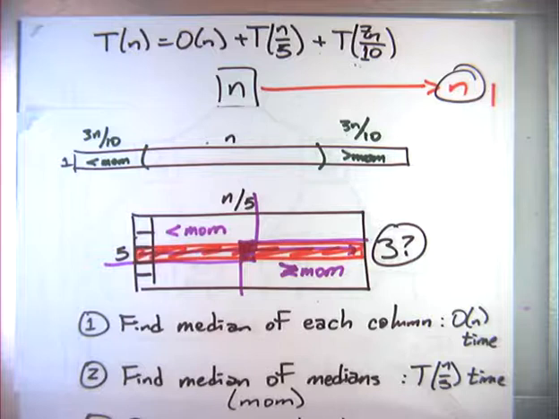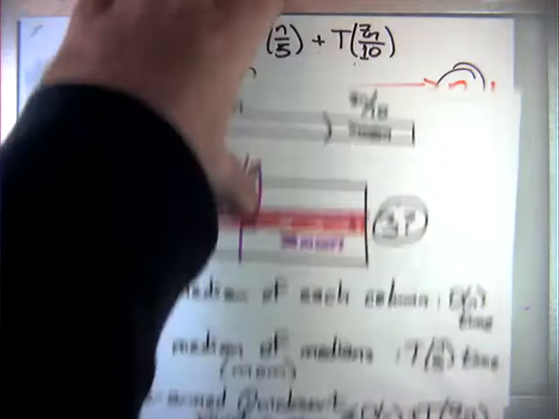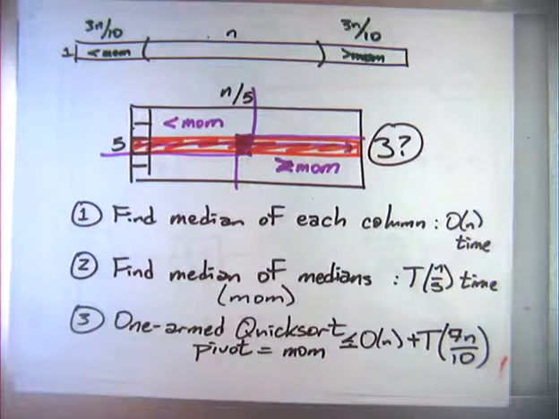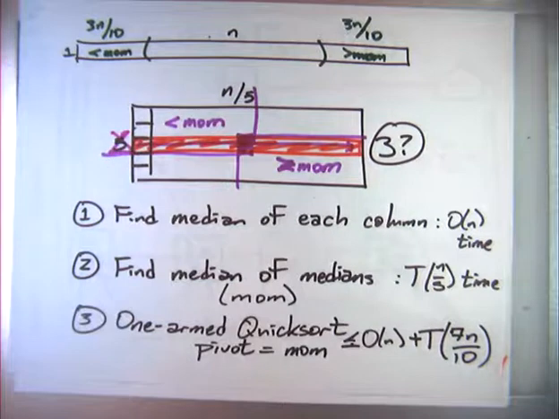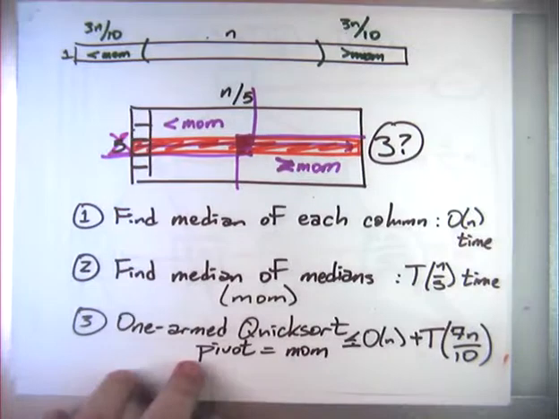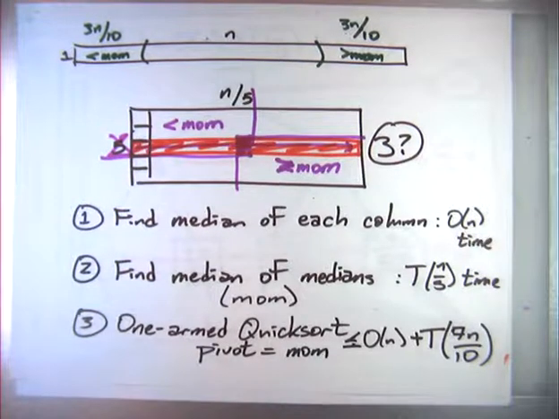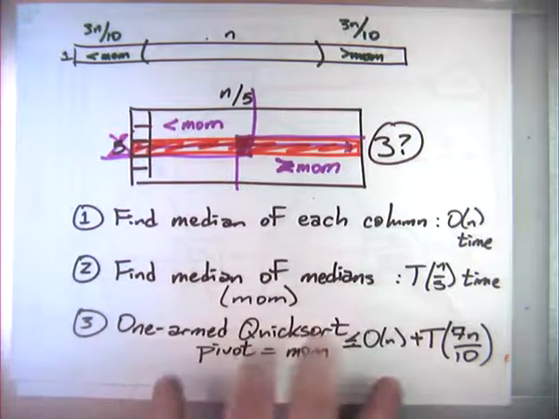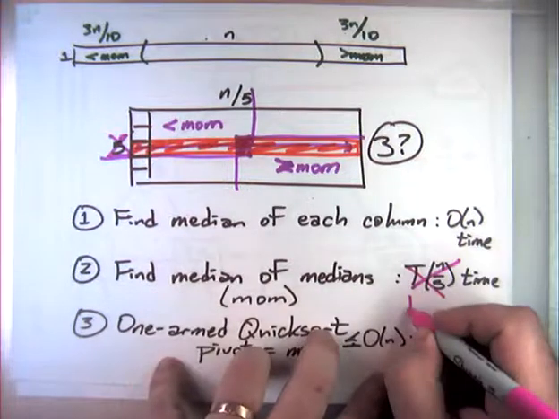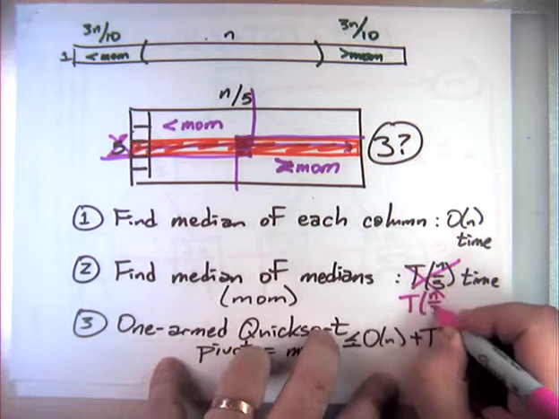Well, then let's look at the running times we would actually get. Finding the median of each column of size 3 is still going to take me linear time. Finding the median of medians, instead of T of n over 5, I'm going to get T of n over 3.